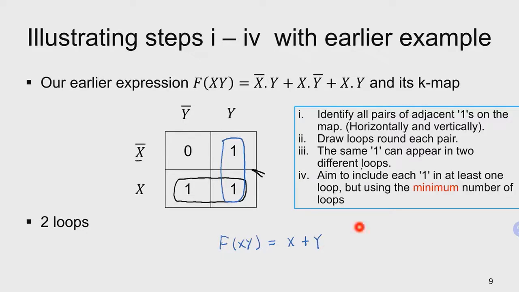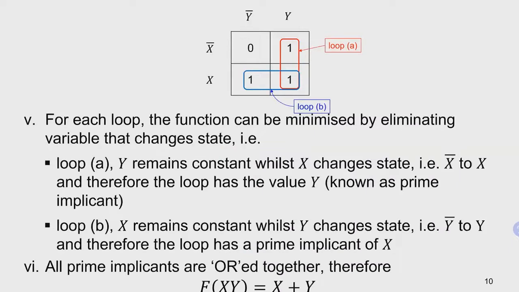So this is a minimized function, and this is a full function, which is what we call a standard form function. And we have done the minimization using a KMap.